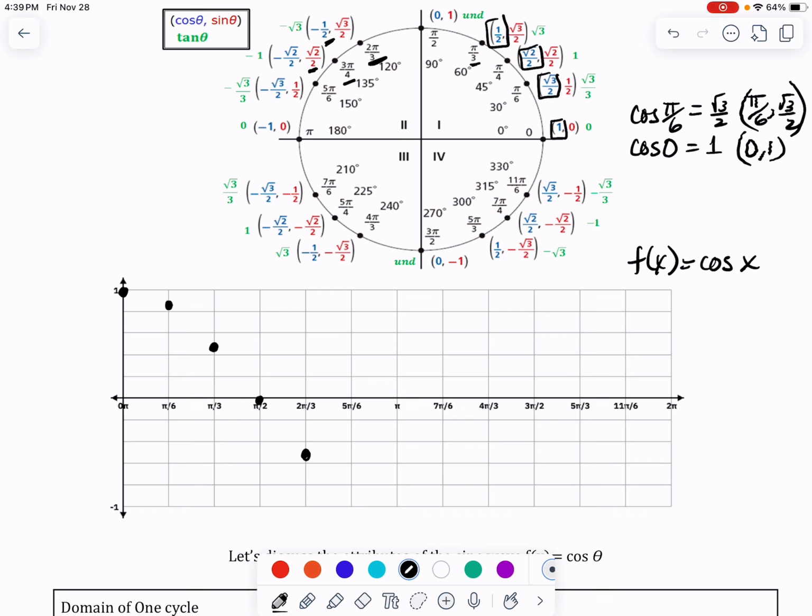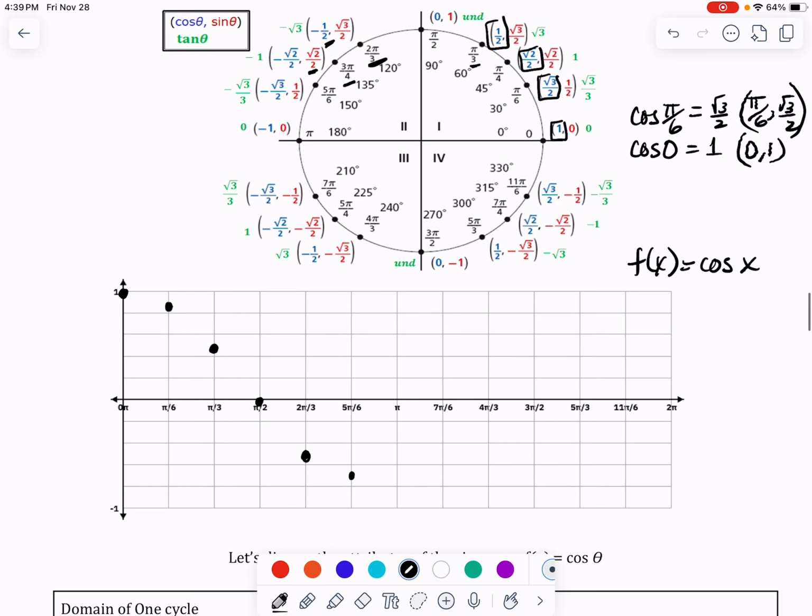Let's see the value of this. Root 2 divided by 2 is 0.707. So about here. At pi, cosine is negative 1. And then it starts to repeat itself in either direction.